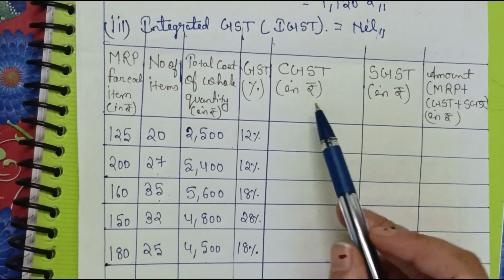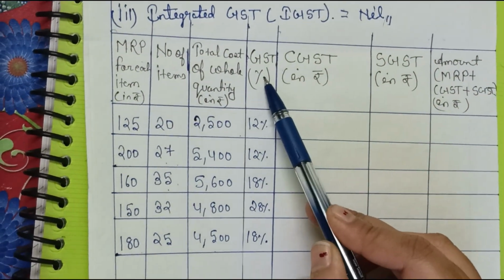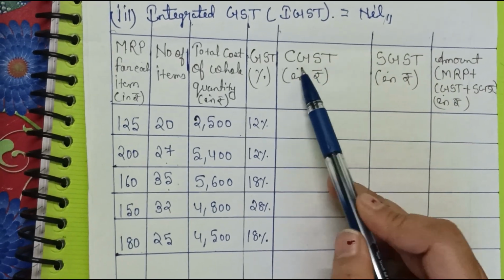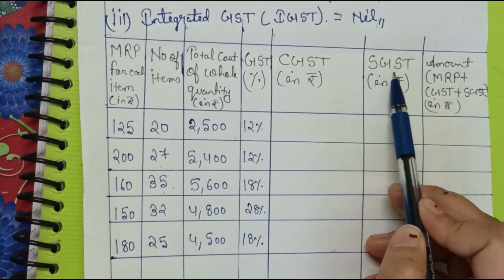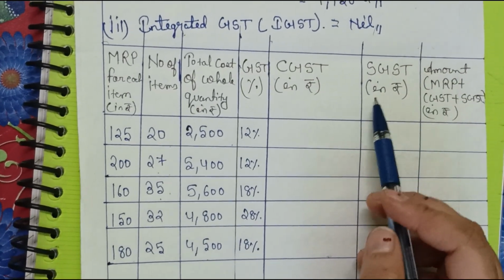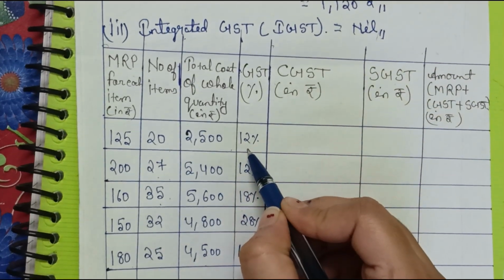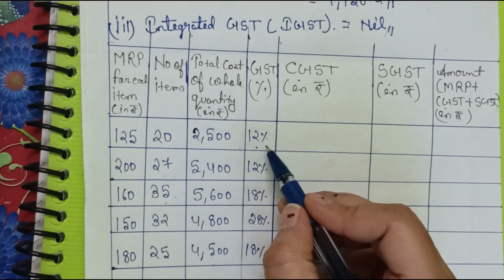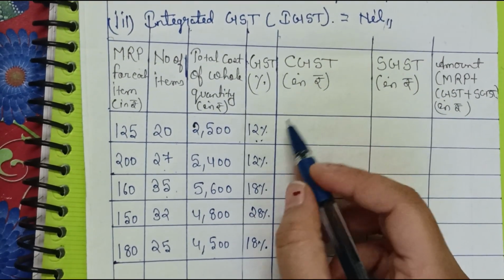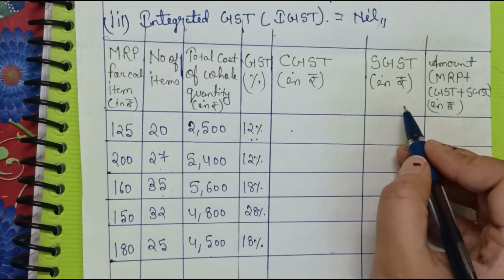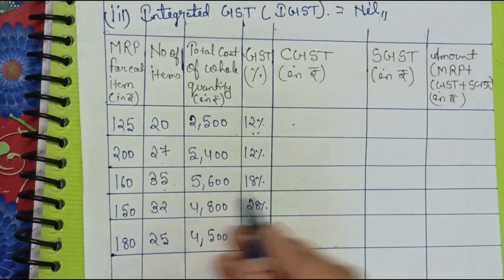We know that GST is divided into CGST and SGST in equal rate. That is, here GST is 12%, so CGST is 6% and SGST is 6%.